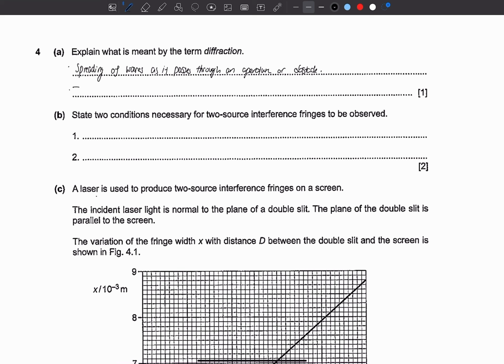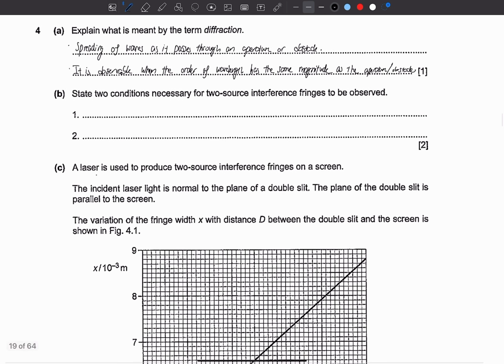It is observable when the order of wavelength has the same magnitude as the aperture or obstacle.